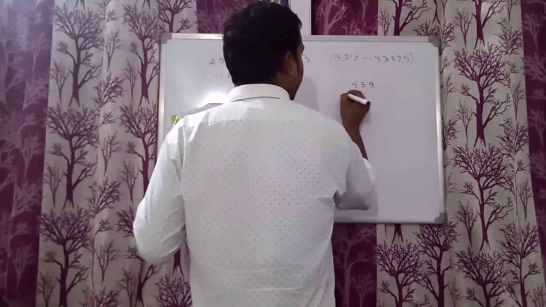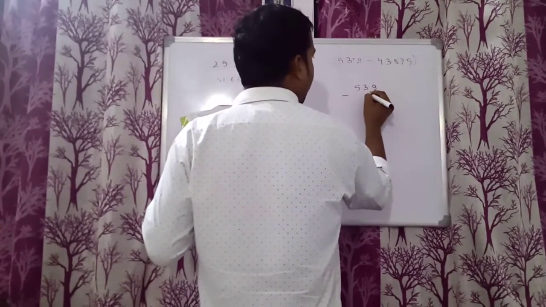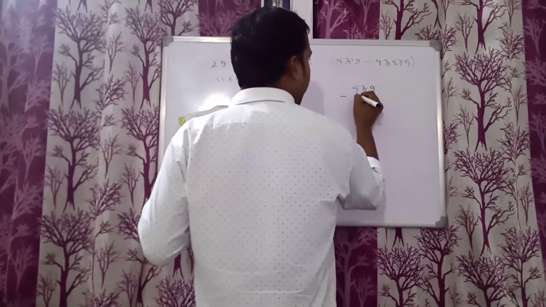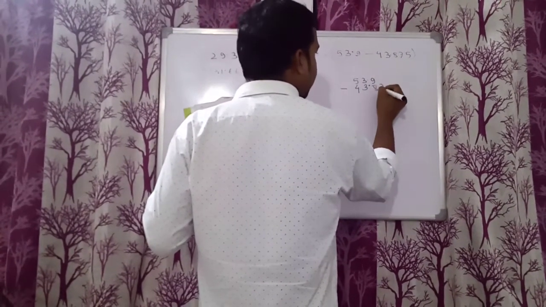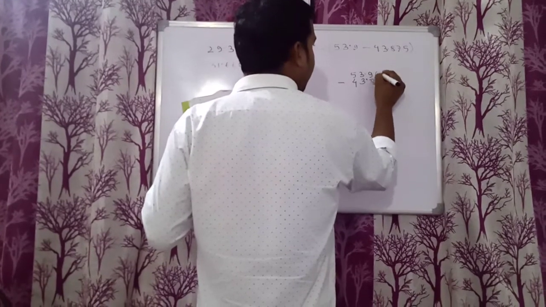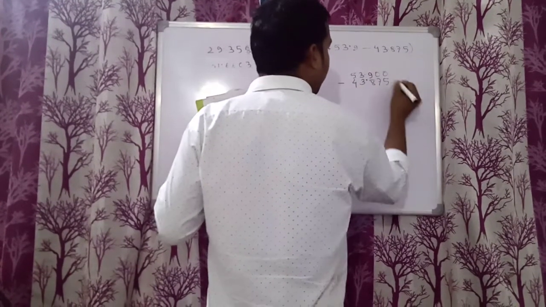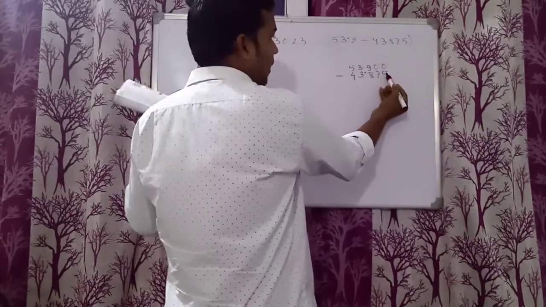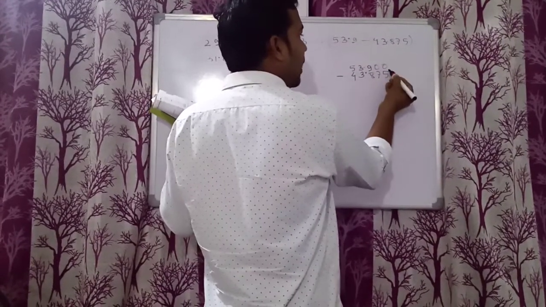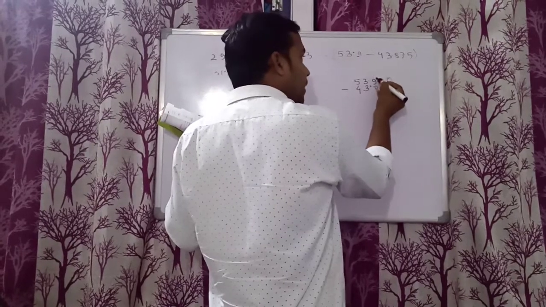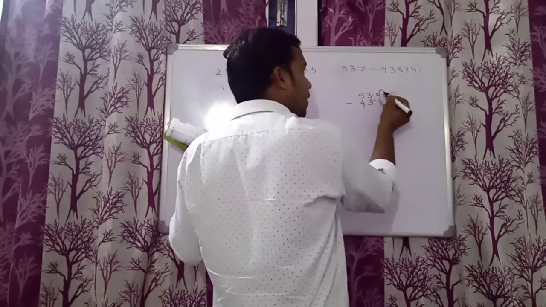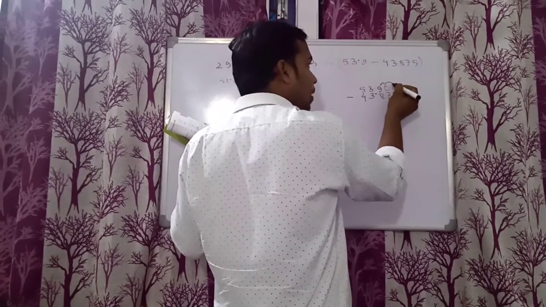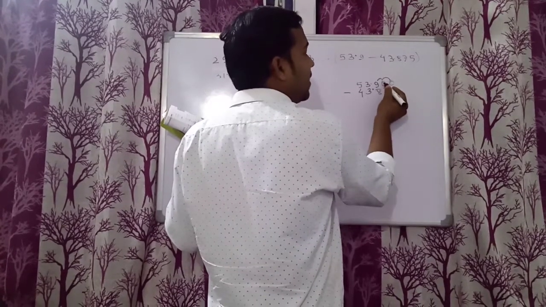53.9 minus, put here point 3 4, then 8 7 5. Then here nothing is there. Put 0 and 0. Then if you subtract, from here you can take 5 from 0. Then take 1 here. If you take 1 here, then it will become 10. Then from here again we are taking 1 to here. It will become 10, and here the line is left.